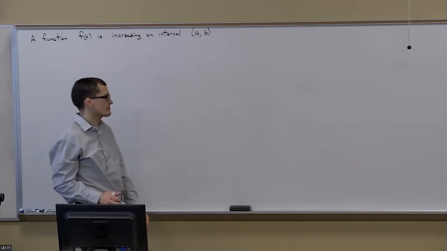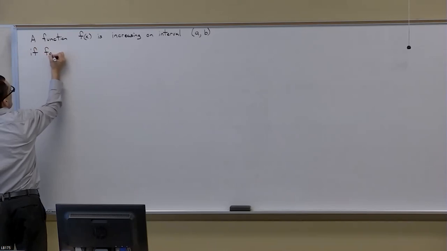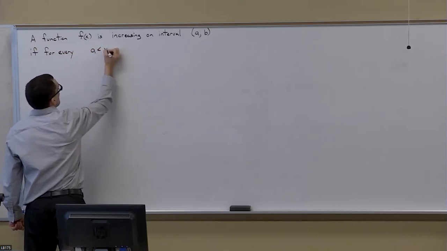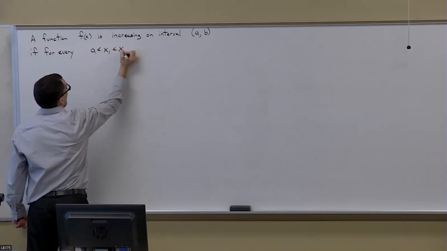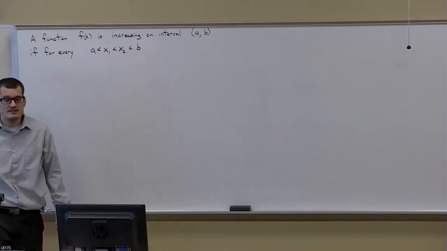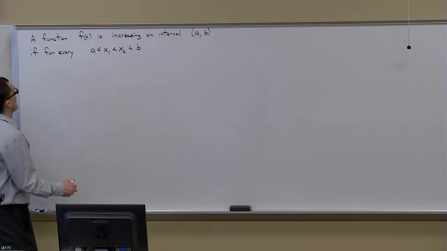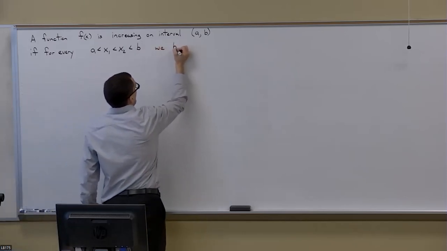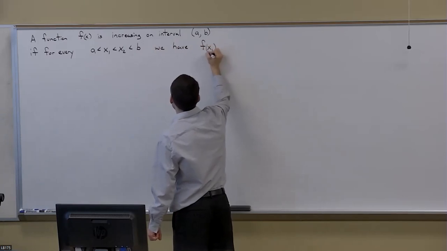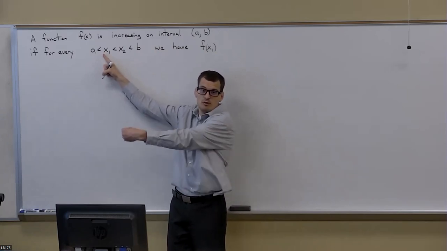That means from x value of A to x value of B. And if for every two distinct x values between A and B, what we're saying is that x1 is our first x value, the smaller one, more to the left.